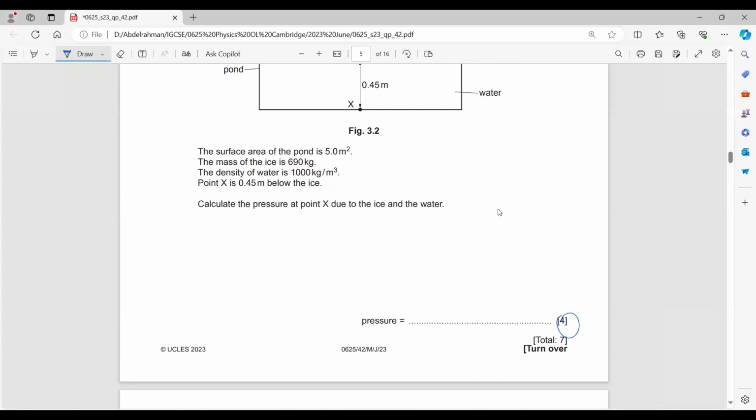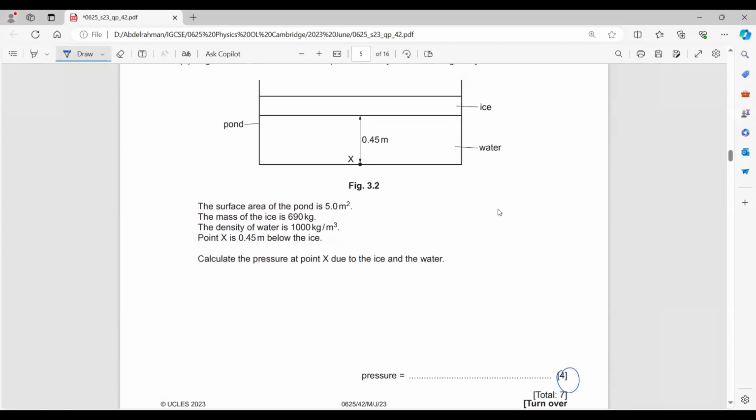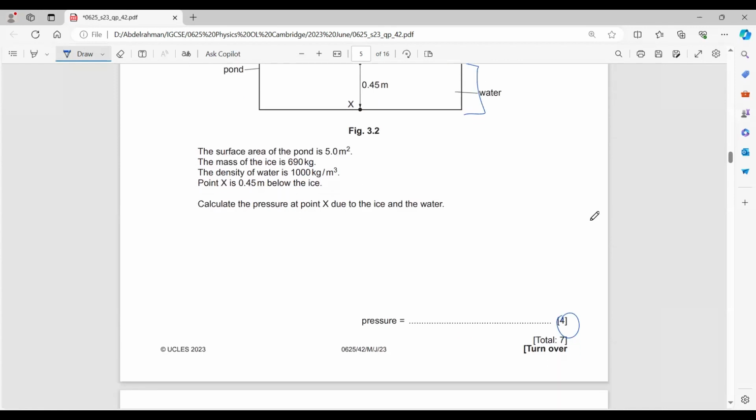So probably you will not be using only one equation. Most probably you'll be using 2 equations at least, sometimes even more. But for this question, yes, we will use both equations. We will calculate the pressure due to the ice alone, and then the pressure due to the water alone, and we'll add them up. So the pressure due to the ice is solid, so pressure equals force over area.